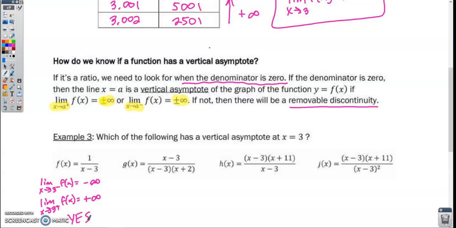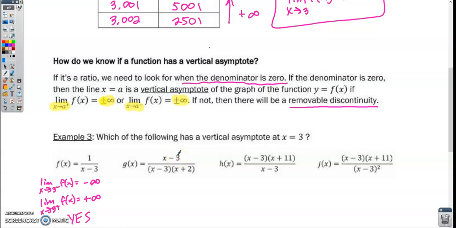Okay. The next one, g of x equals quantity x minus 3 over the quantity x minus 3 times the quantity x plus 2. If you think about how we did limits, if we were trying to find this limit, this would have been an indeterminate form, 0 over 0. The x minus 3's would have canceled out.